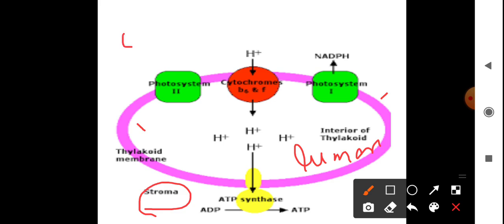When sunlight falls on photosystem 2, the accessory pigments take the photon and transfer it to the main chlorophyll pigment, or reaction center, of photosystem 2.